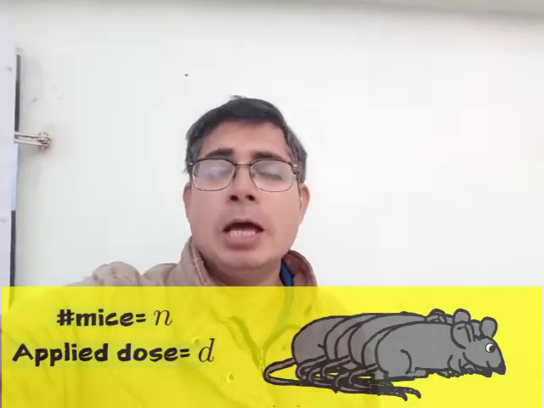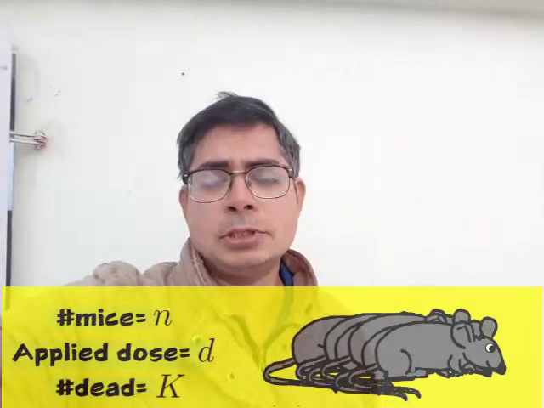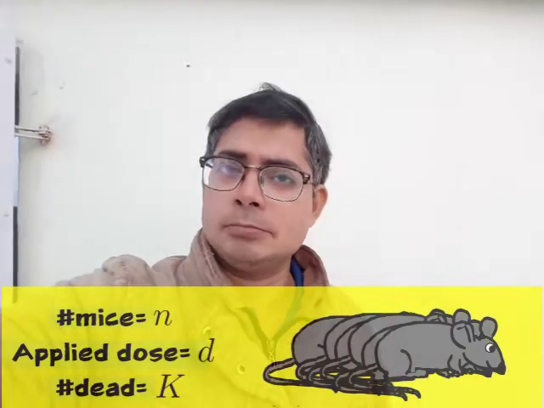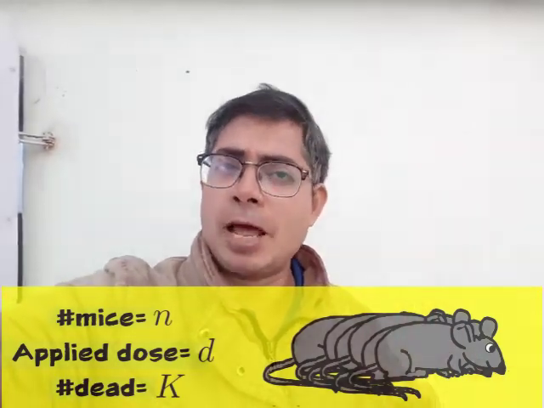Then for each of them, we apply the same amount of dose, suppose that is D. So we put all these mice and apply the same dose D, and then see how many of them die. Suppose the number of deaths happens to be K. Out of N, K many died after applying a dose of D of this particular poison.